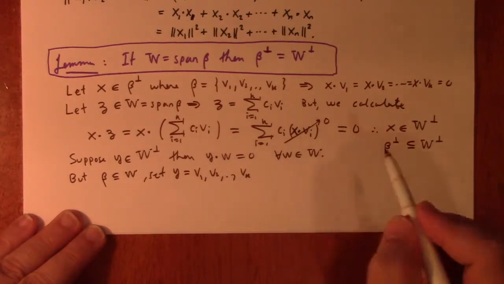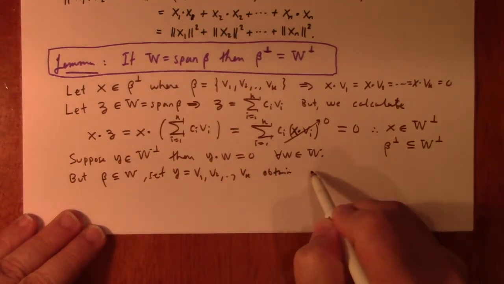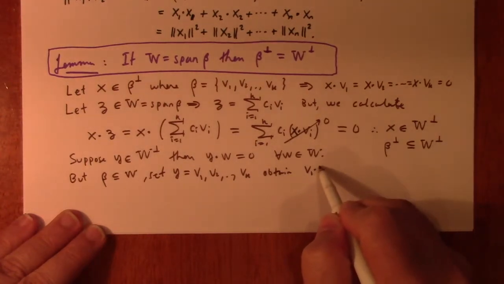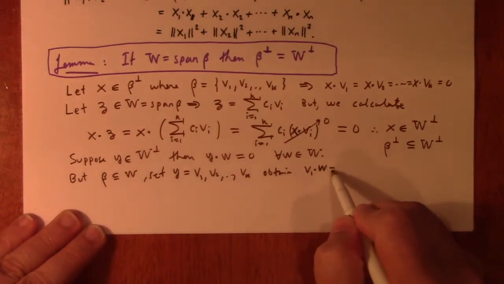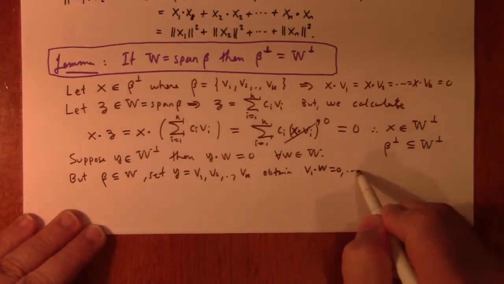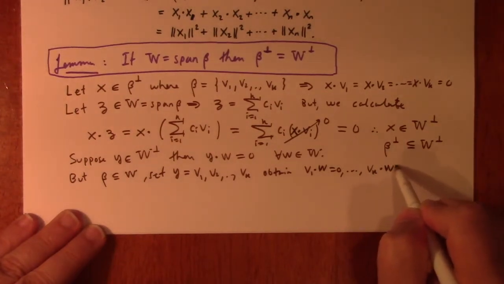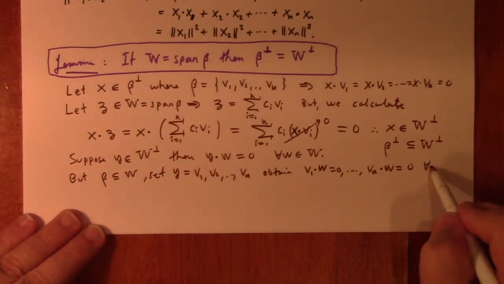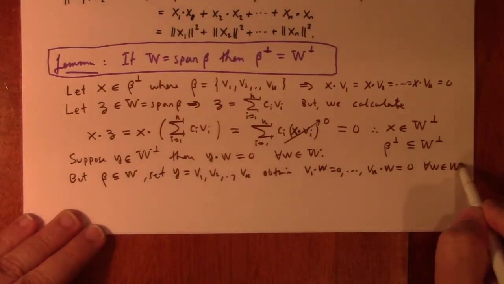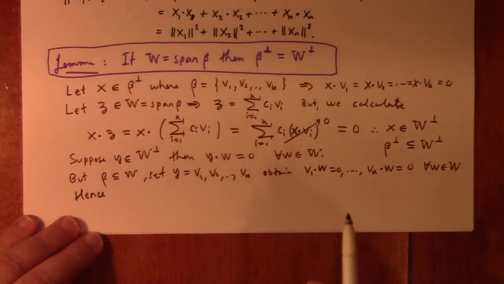You can choose each one of these, and you obtain v1 dot w equal to 0, and so forth, vk dot w equal to 0 for all w in W, and hence what?